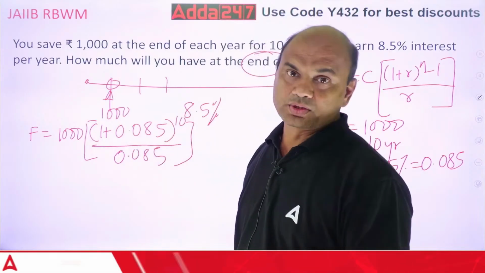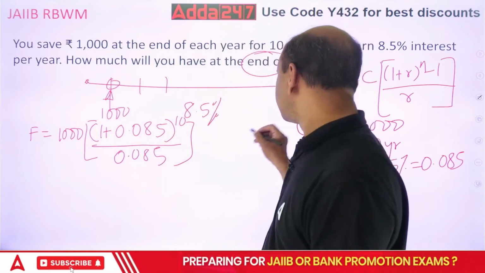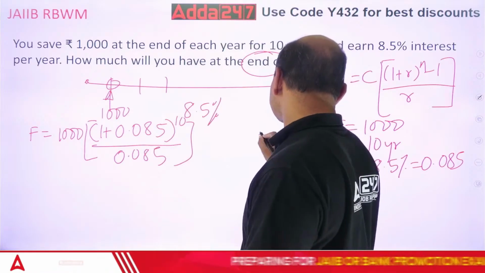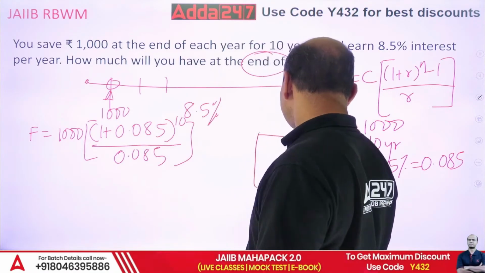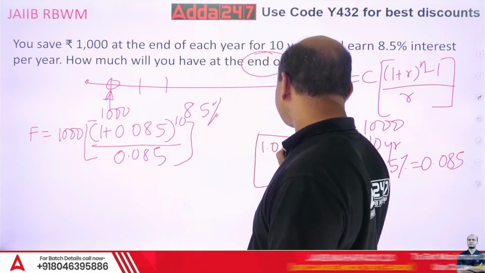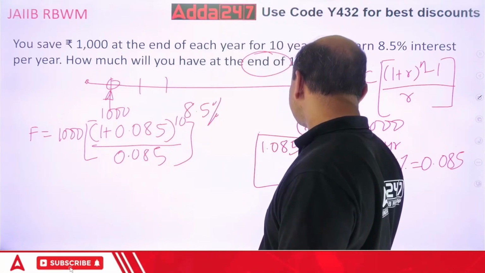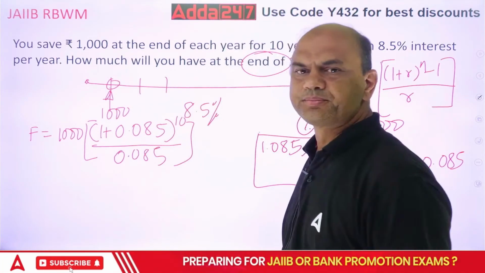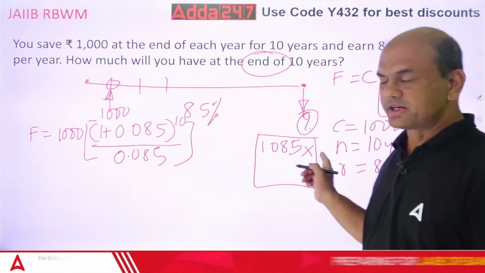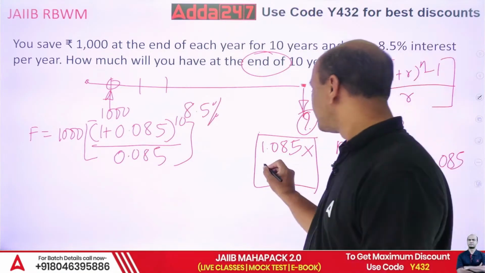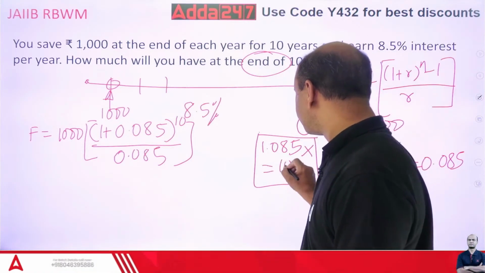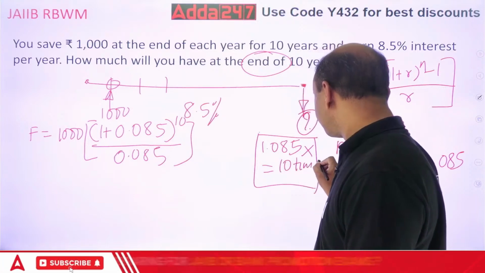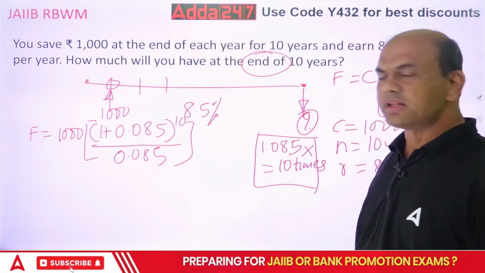How to do this? Take it like this. Say I'll put a square over here. So 1.085, then press into, multiply, then press equal to 10 times. Then you will get the right answer.